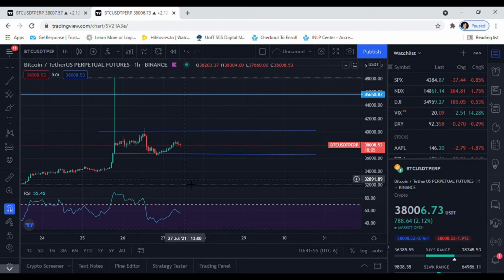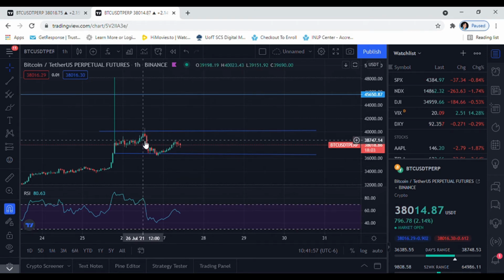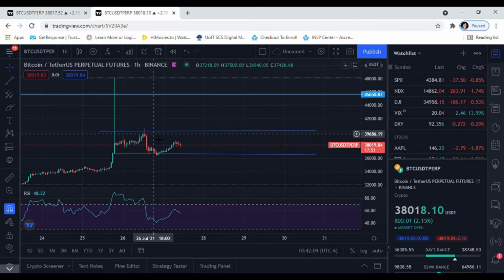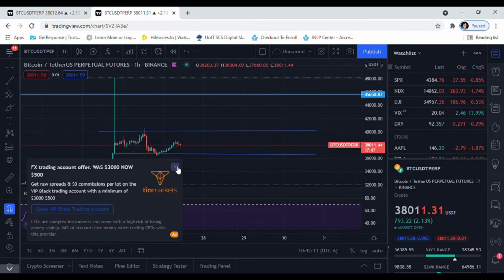Now there's one other thing I want you to keep in mind. Once you've confirmed that the price got rejected, say at a resistance, the best possible way to enter your trade is to wait for a retracement.